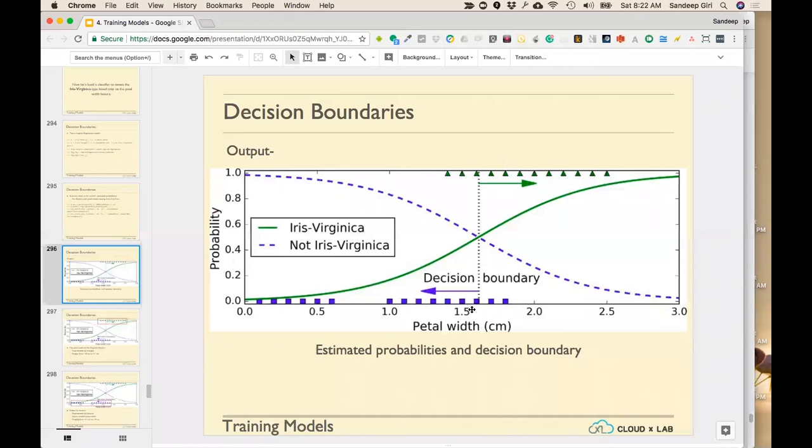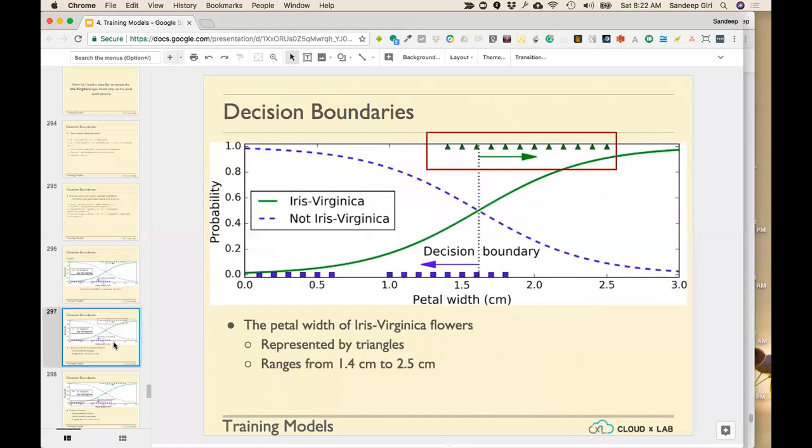Because a 1.6 petal width is common to others also, we need more parameters, more features, to solve this.